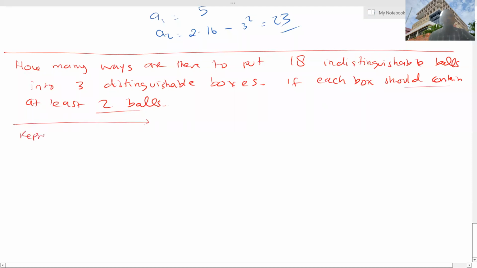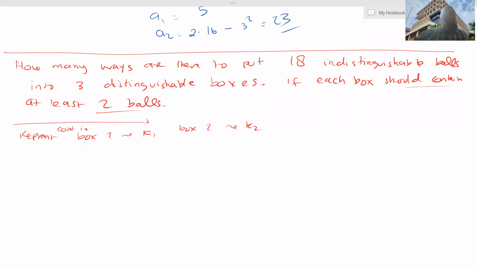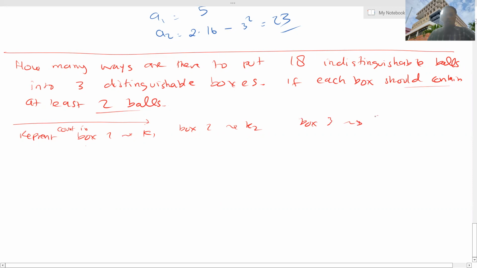So represent the count in box 1 as K1, count in box 2 as K2, and count in box 3 as K3.